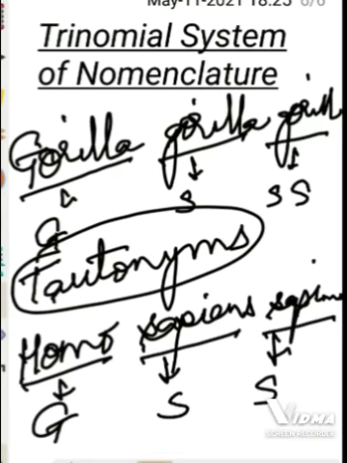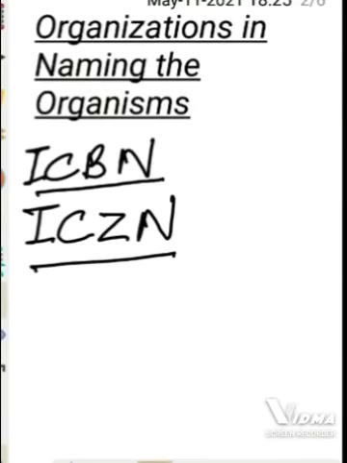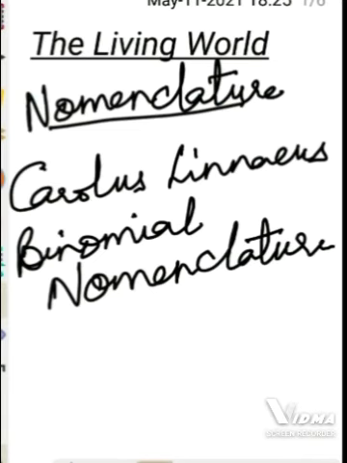So let's revise what we have done. This is the next topic of the living world, nomenclature. Nomenclature means naming an organism. It was first given by Carolus von Linnaeus, and his system of naming the organisms is called binomial nomenclature. Binomial nomenclature is the system of assigning 2 names to an organism.